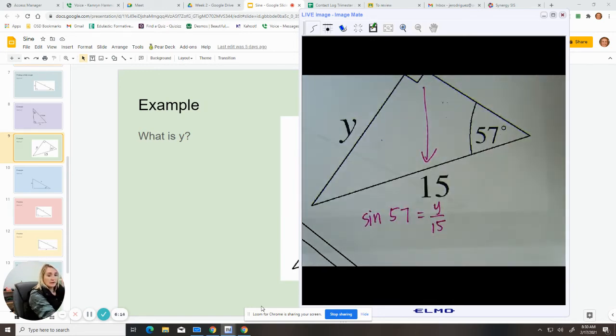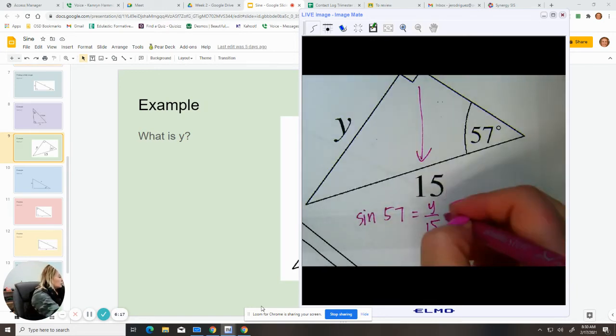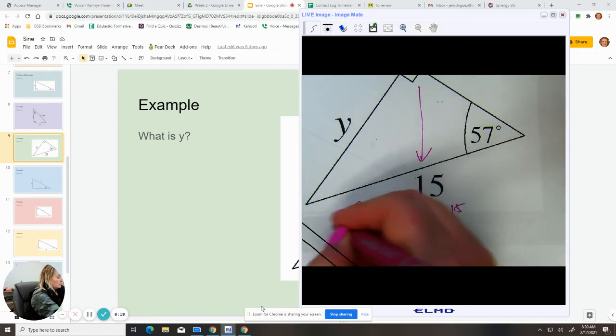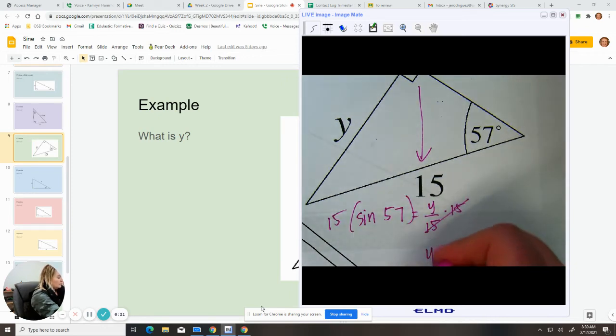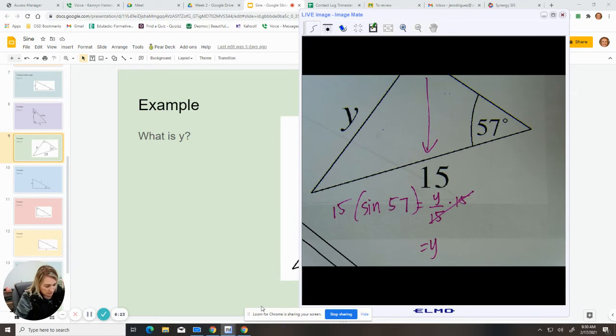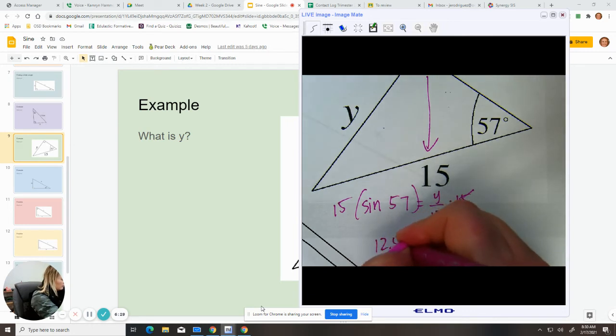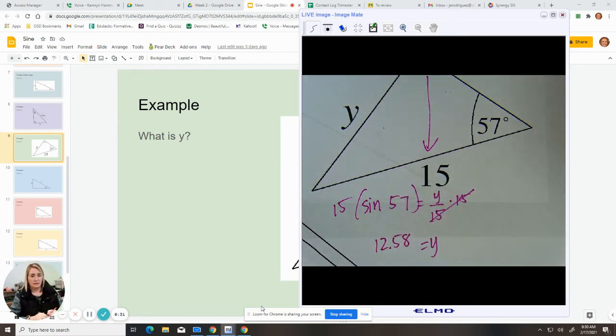We know 15 is our hypotenuse, so we're going to times both sides by 15, and y is going to be equal to 12.58. And again, I would recommend that you are doing these with me to make sure your answers are ending up the same.